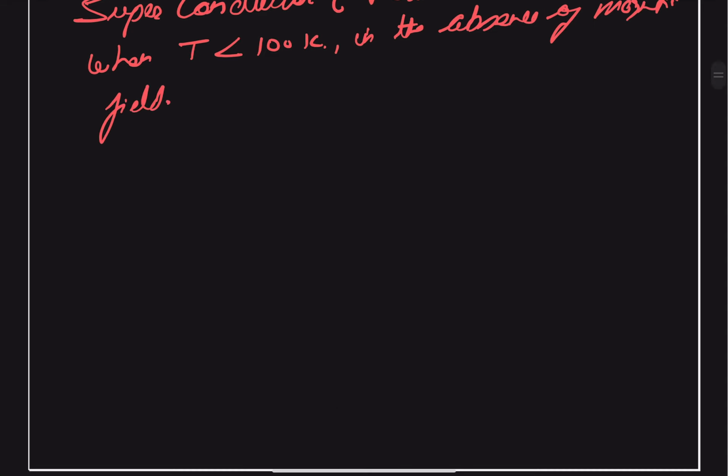Now we come to the second point. In the second point, it says that when the magnetic field is taken as 7.5, the critical temperature drops to 75 Kelvin.